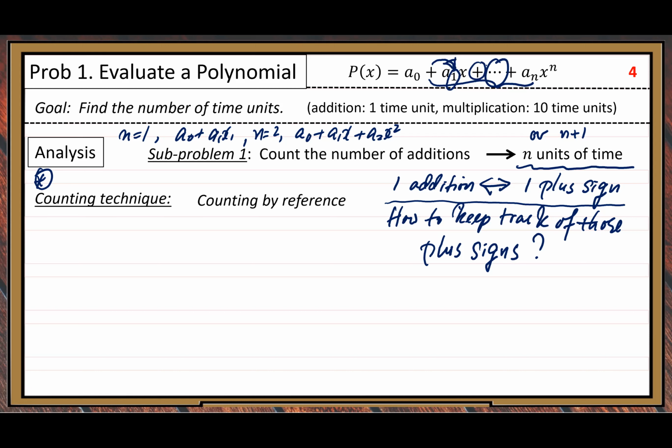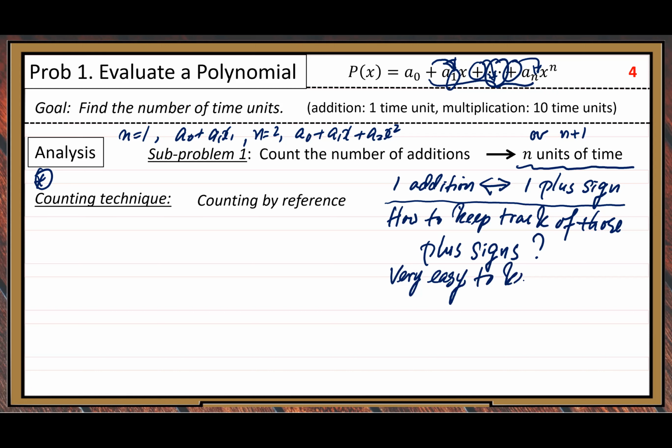The second plus sign corresponds to the second subscript A2, and so on. The last plus sign corresponds to the last subscript A sub n. In that way, we can keep track of the subscripts.